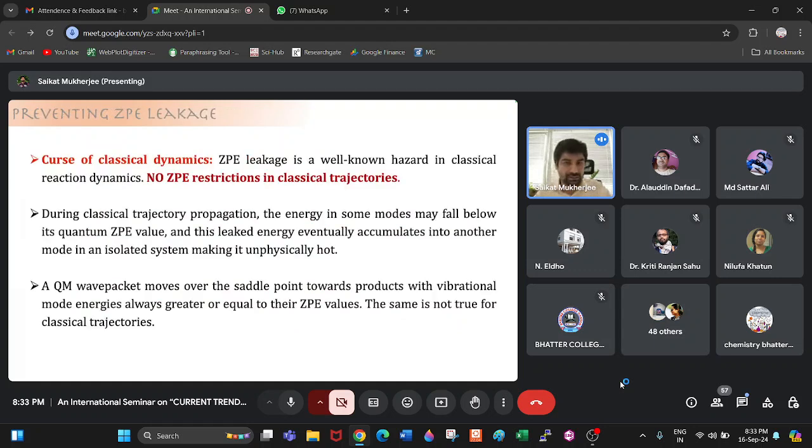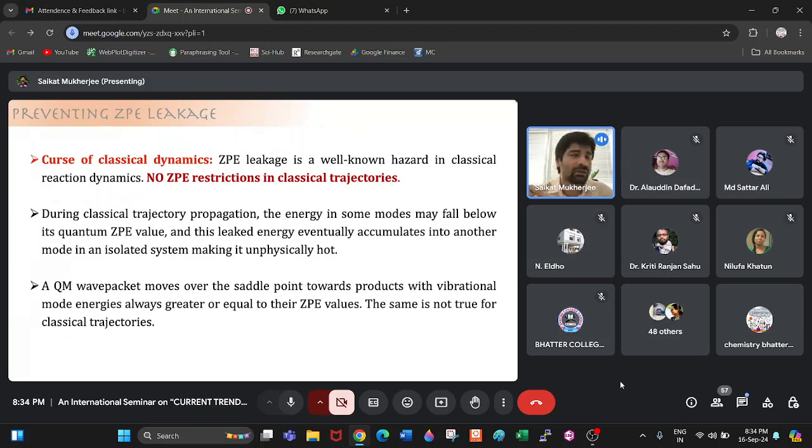First, zero-point energy. Your classical dynamics does not know anything about zero-point energy. You propagate your trajectories happily, but at some point during your propagation, you will see that some modes lose energy. If you calculate the energy of your mode at that point, you may see that it goes below your zero-point energy value, which is not correct, right?